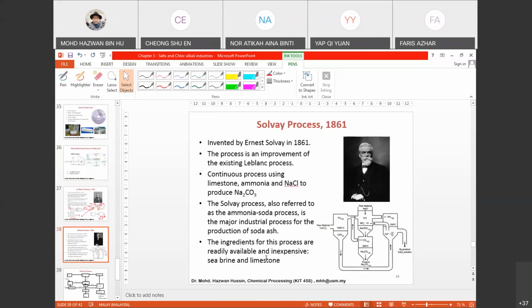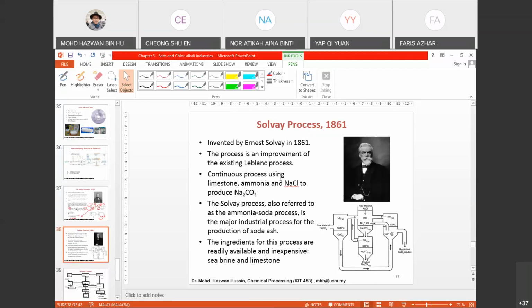Right. We are moving on to the next process. This process is known as the Solvay process. The Solvay process was invented by the industrialist Ernest Solvay in 1861. This process is basically an improvement of the existing Leblanc process.